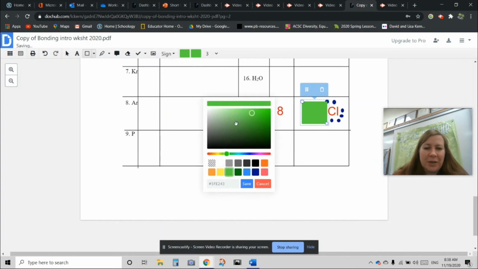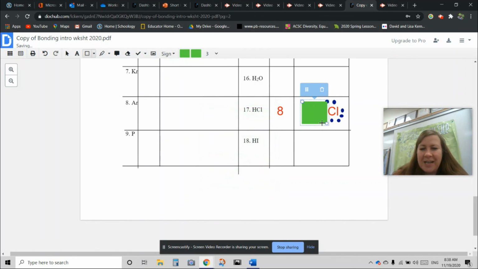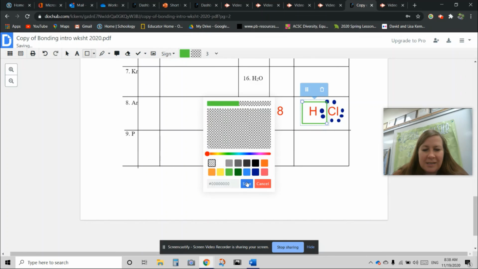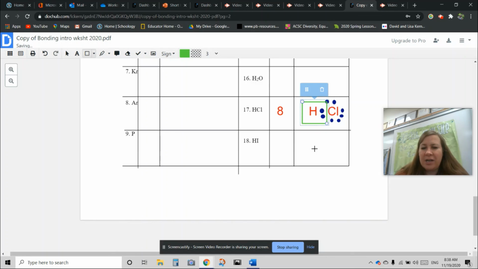Our hydrogen has those 2 valence electrons. Remember, that's what hydrogen wants, 2 valence electrons. And our chlorine here has the 8 valence electrons that it wants, and so everybody's happy. You don't need to draw those boxes, but some people feel more comfortable knowing for sure that they've got the electrons where they should be. So you can do that if you like.